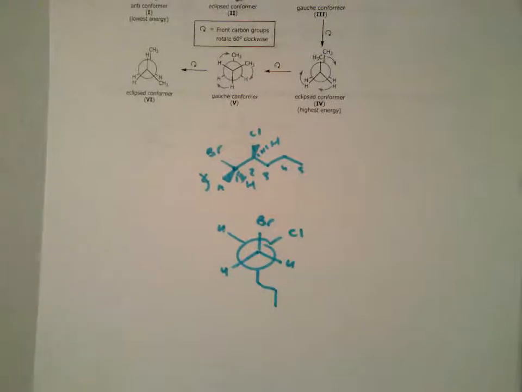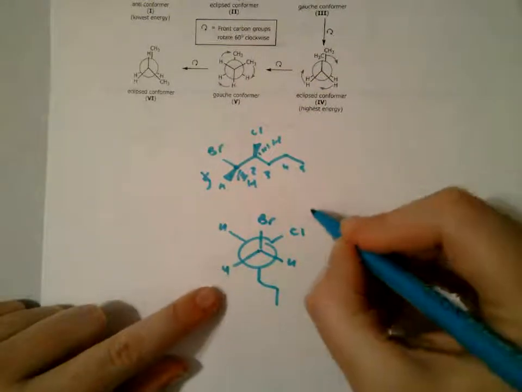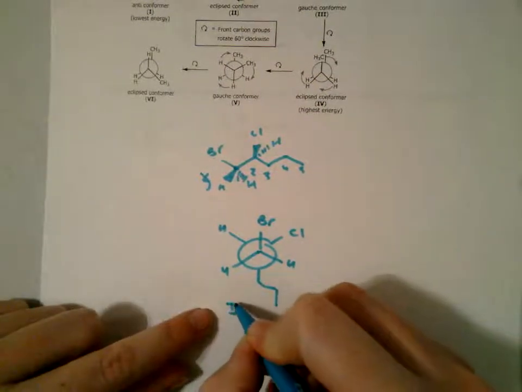And then I'm going to draw all the different conformers. So I'm just going to rotate only the front one. So this is 1.